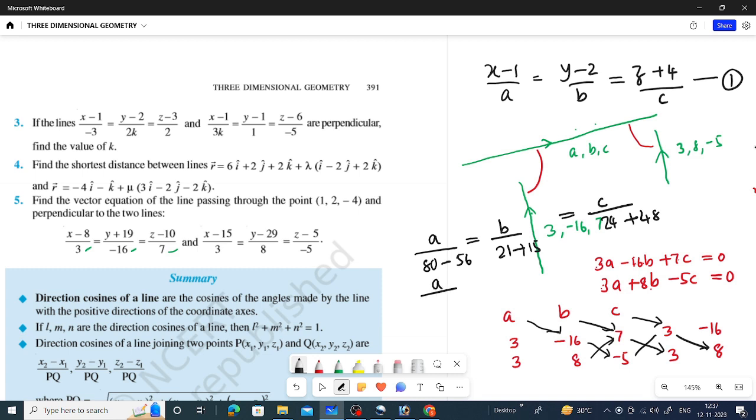So a by 80 minus 56, 24 we got, and equal to b by 21 plus 15, 36, and c by 48 plus 24, 72.